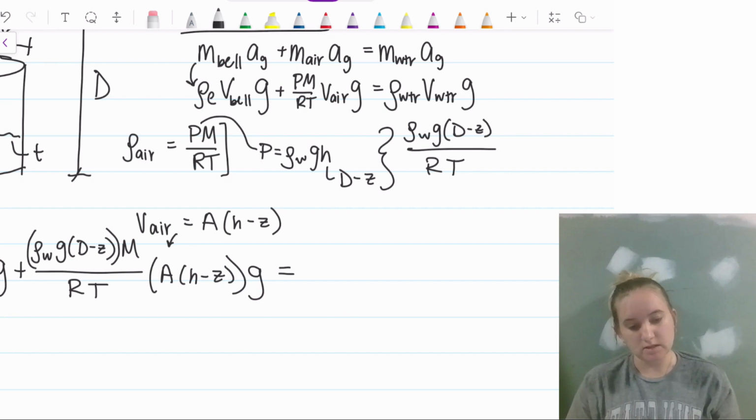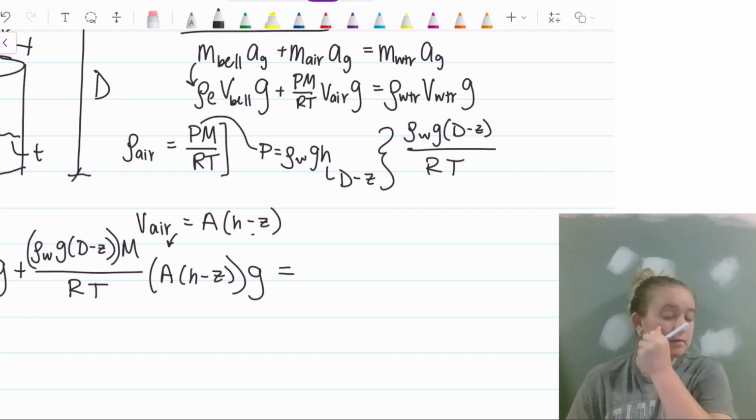So our density of water and volume of water is equal to the air inside plus the volume of the diving bell. So it would be V air plus V bell, but V air is equal to this, which we already have stated.